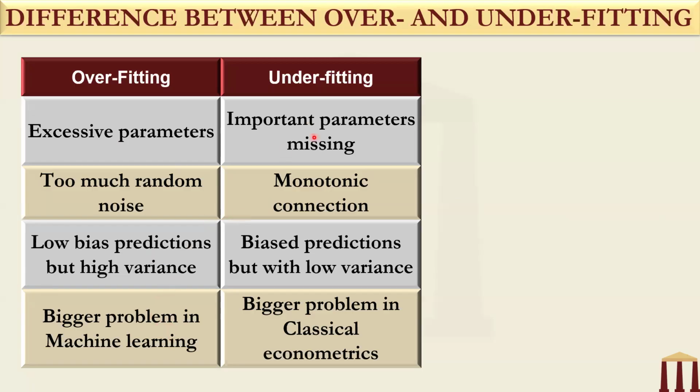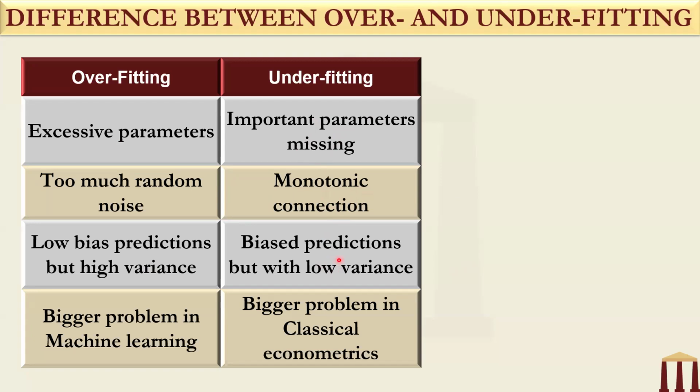Underfitting: too simple, doesn't capture key relationships, key parameters missing. It is a monotonic connection, it assumes a simple linear or single-direction effect and misses out on complex patterns. It is biased but stable, with low variance.